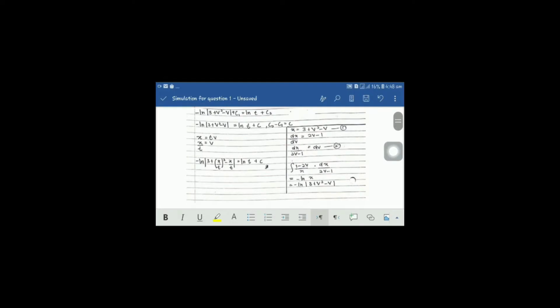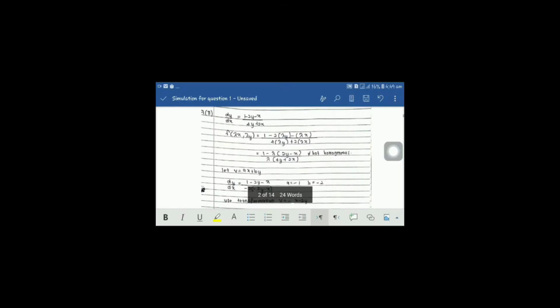We substitute back v equals x over t, so we get negative ln modulus of (3 plus (x over t)² minus x over t) equals ln t plus c.